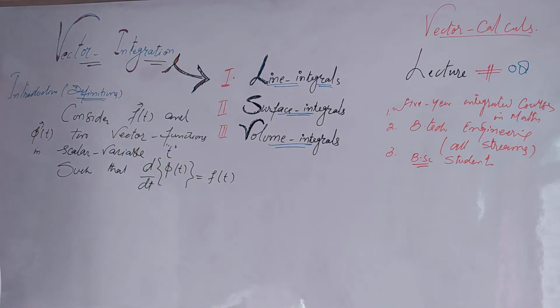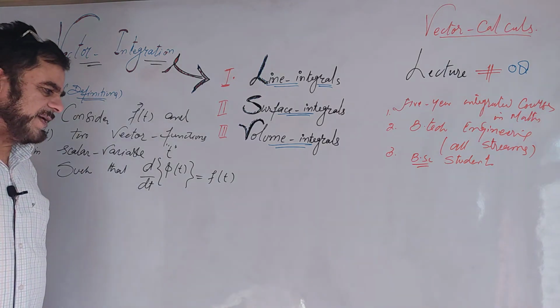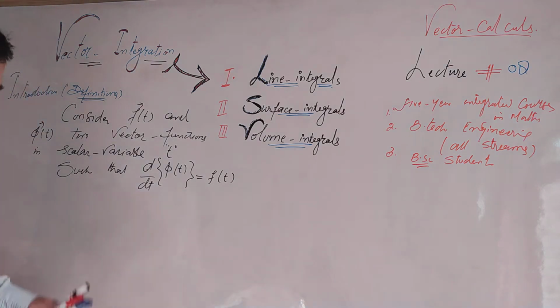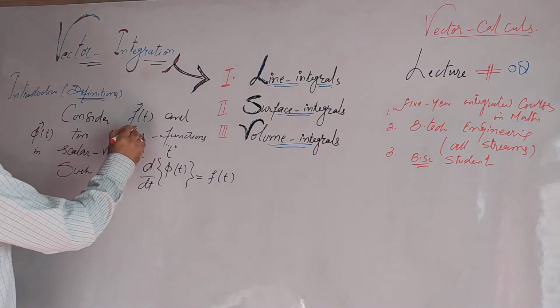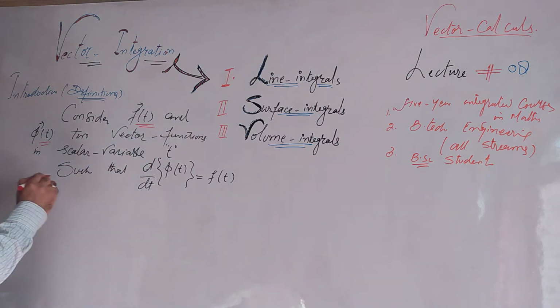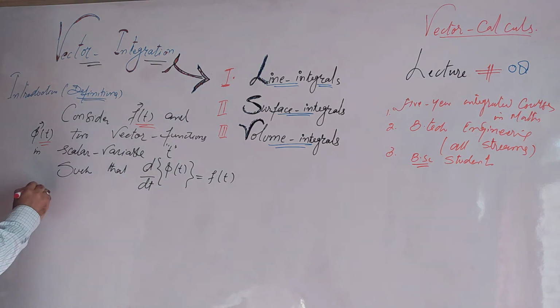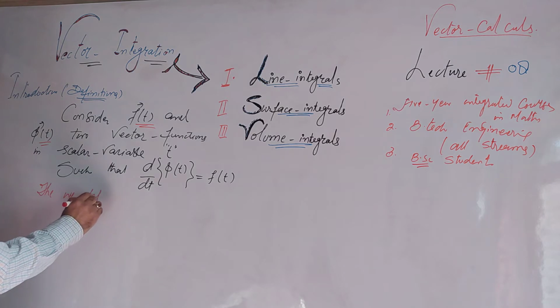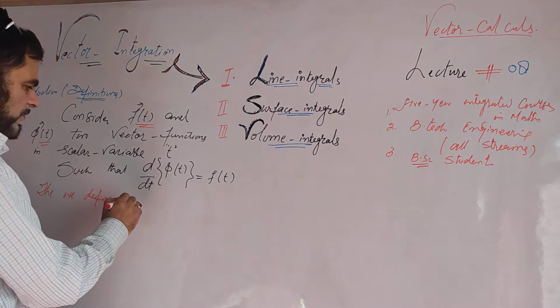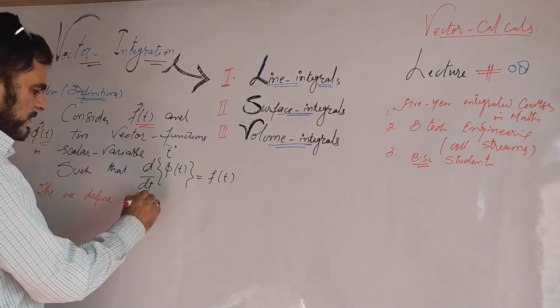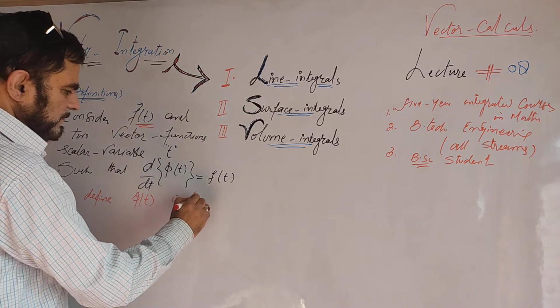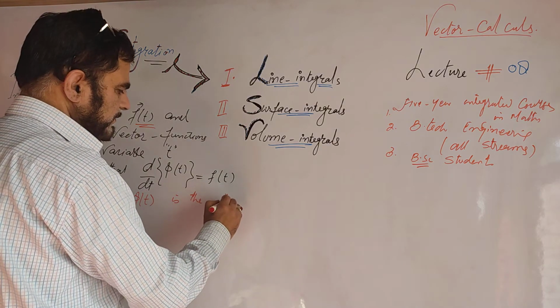That is, f of t is what? It is a differential quotient of another function phi of t. So these are two vector functions in the scalar variable t such that this holds. Then we define phi of t is the integral.